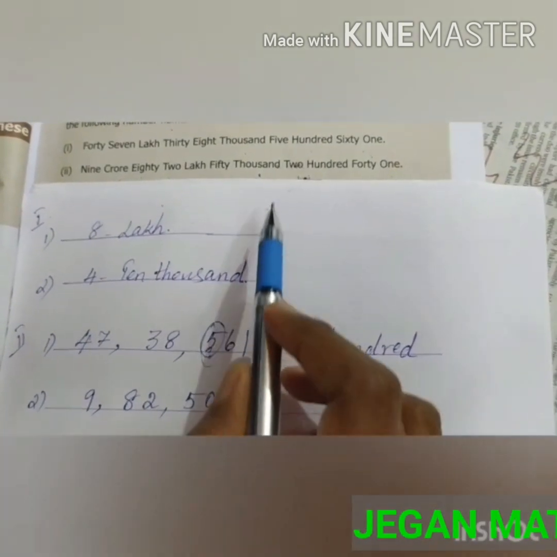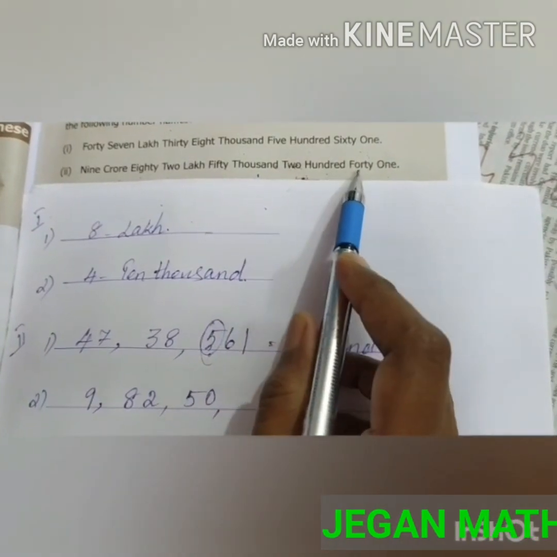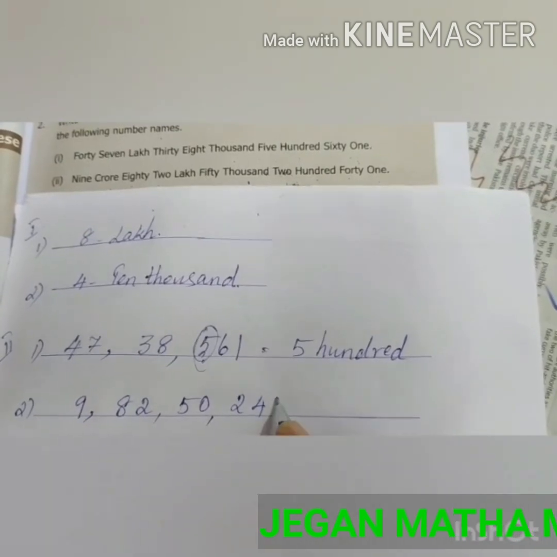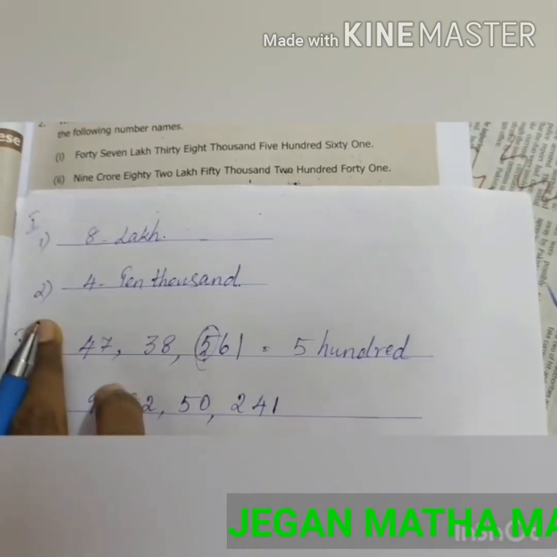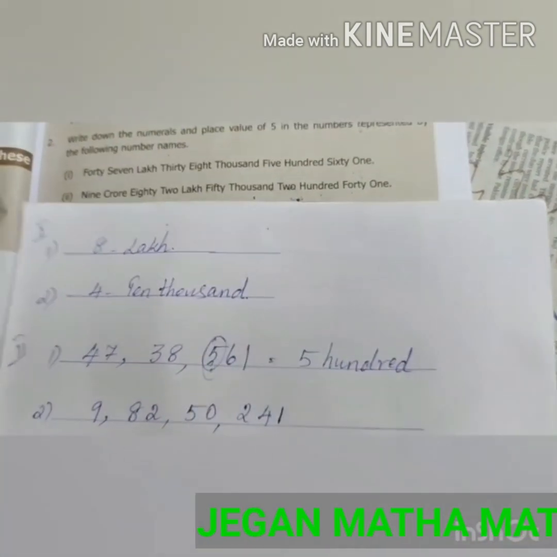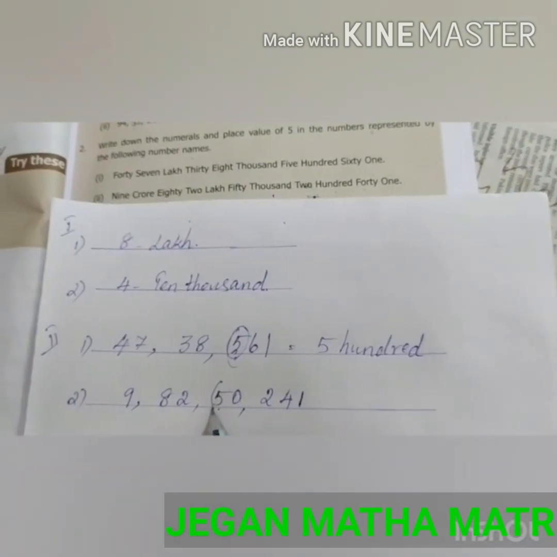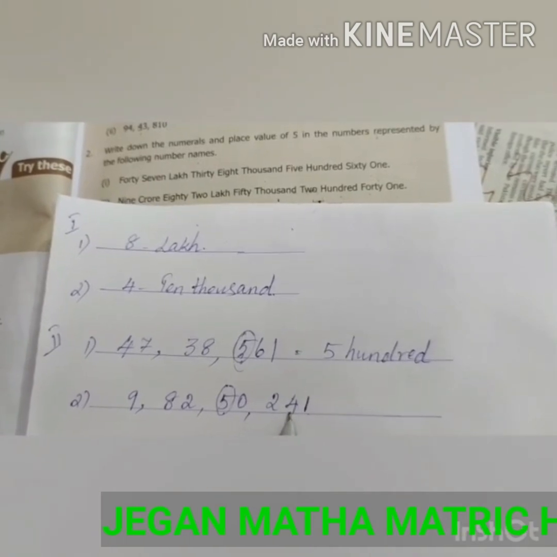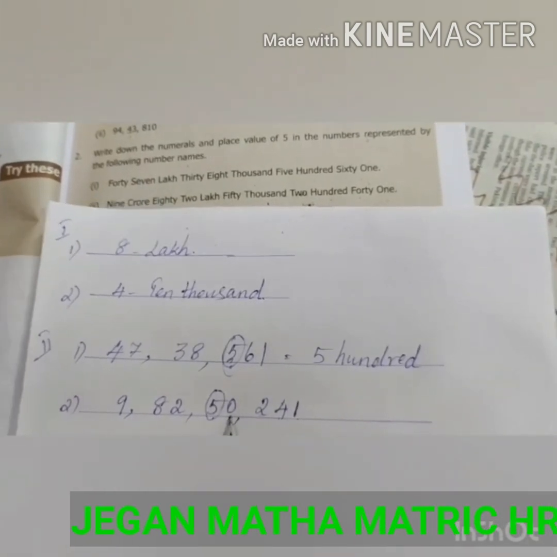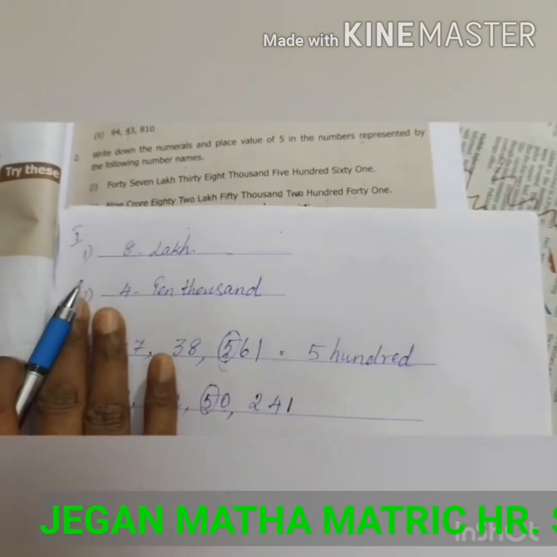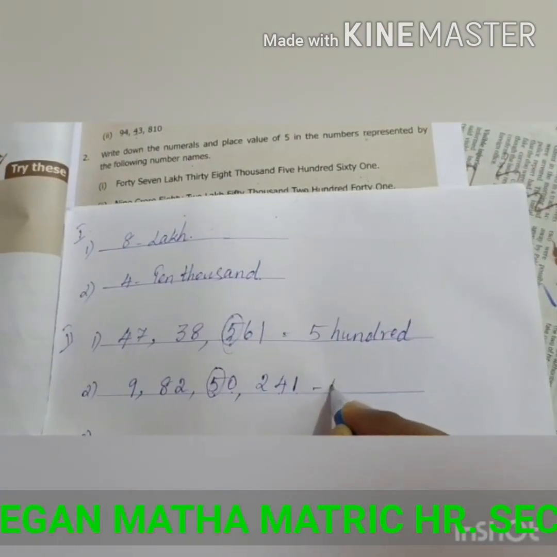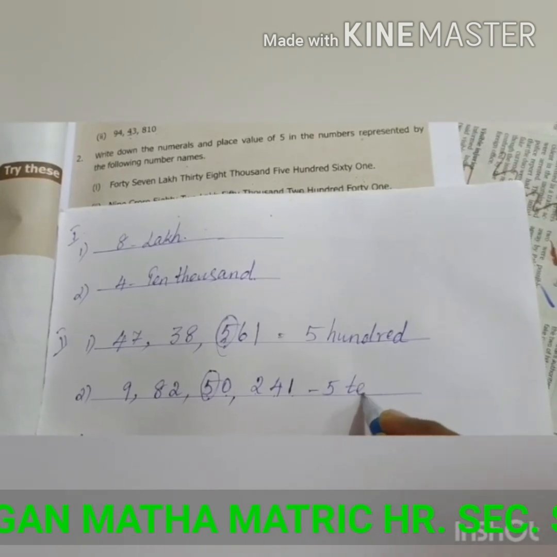Next one, 241. Now let us find out the place value of 5 here. So what is the place value of 5 here? Ones, tens, hundreds, thousand, 10,000. So here the place value of 5 is 10,000. 5 10,000.